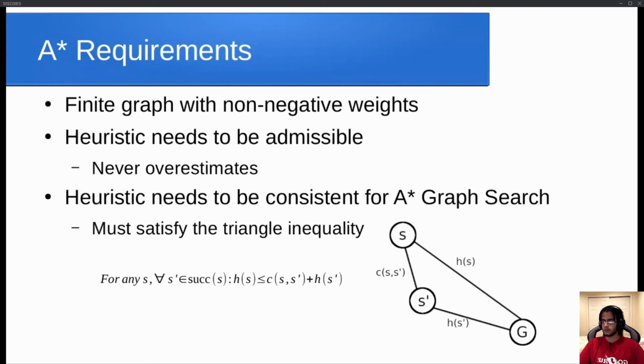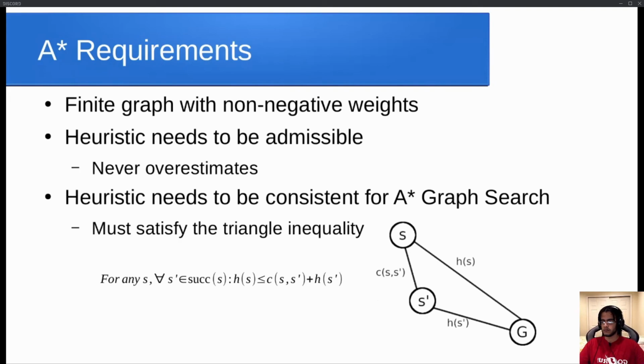And the second property we need is we need the heuristic to be consistent, since we're doing graph search. If we were doing tree search, we wouldn't need this. However, typically when you're doing graph search, you would need a consistent heuristic as well. A lot of times people say the consistent heuristic satisfies the triangle inequality.